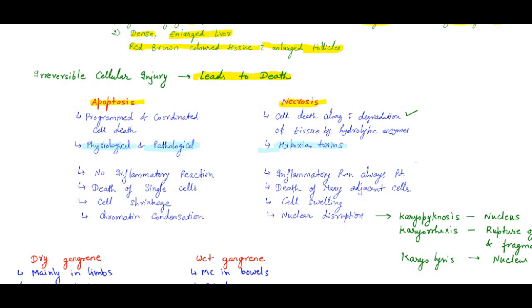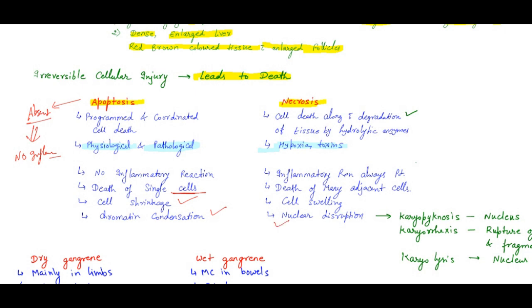In apoptosis, remember, there is an absent inflammation, meaning no inflammatory reaction. Death of a single cell occurs here, with cell shrinkage and chromatin condensation.